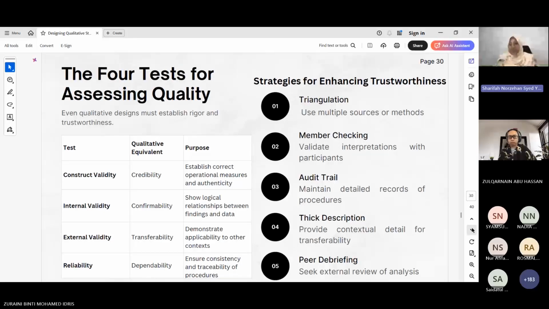And please do keep all these records, because that will be your audit trail. For example, when you say this, I'm not sure what you meant. So you call him. Please take note of that. Please record it. When you call him, what was the question that you asked him?